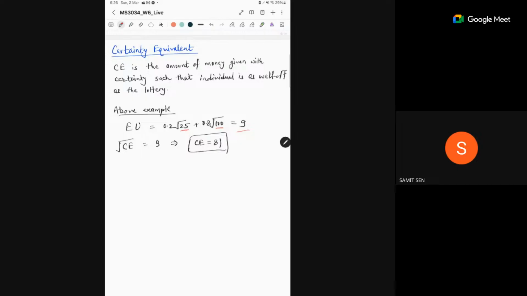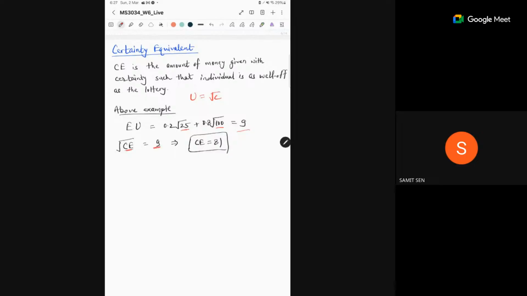Your utility function was given by this form, where x is your consumption amount. So let's note it by c only. If this was your utility function, then certainty equivalent means how much consumption you should have with certainty, so that your utility is the same as this lottery value. We can get this amount by equating my utility with the certainty equivalent.